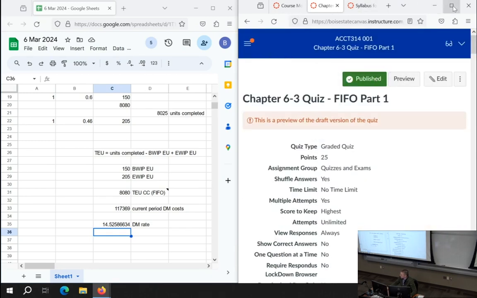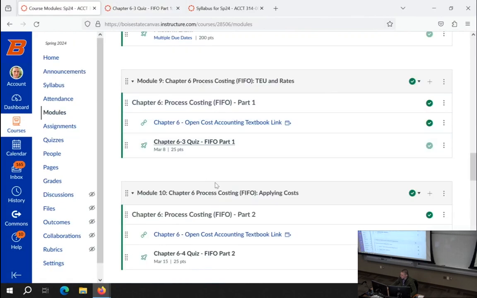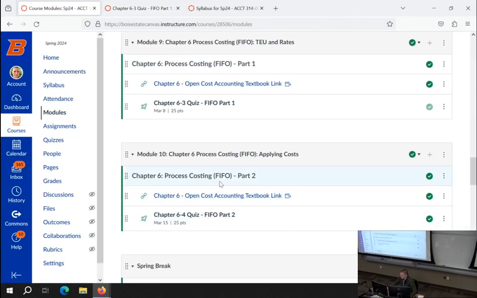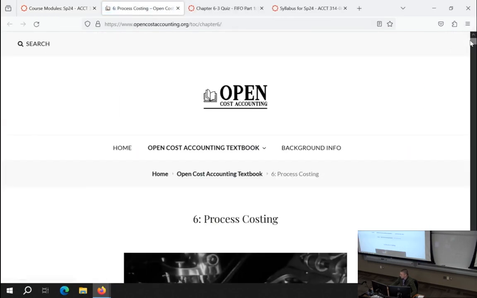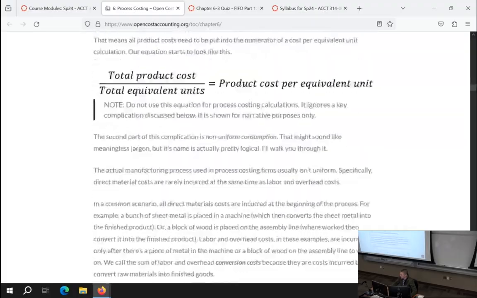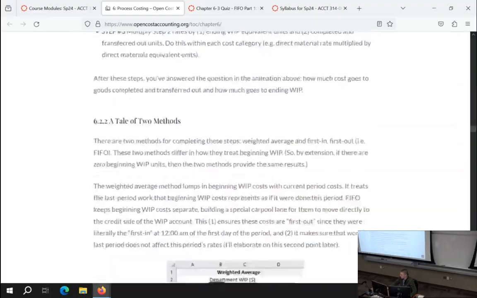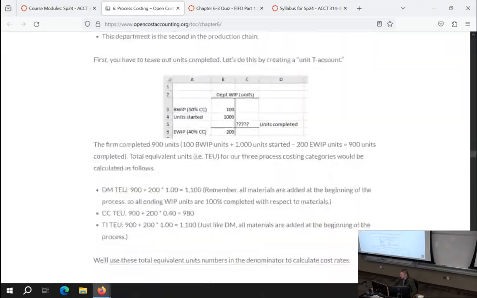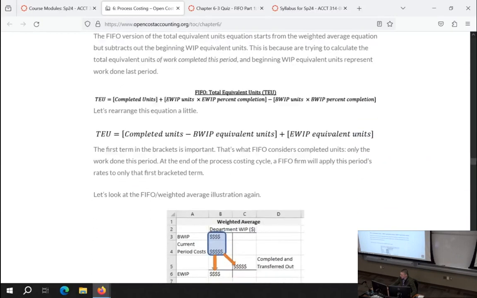All right, let's look now at 6-4. So we'll look at the material first of all. I already kind of went through what we do when I first introduced FIFO on Monday. Let's review that pretty quickly.